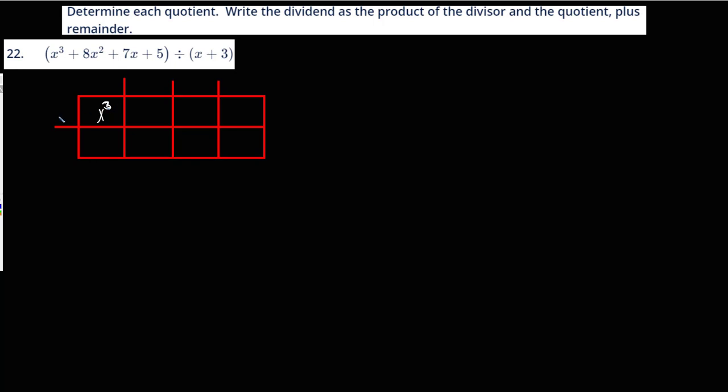x cubed divided by x plus 3 gives me x squared. Multiply coming down, 3x squared. These two need to add to give me 8x squared, which gives me 5x squared.